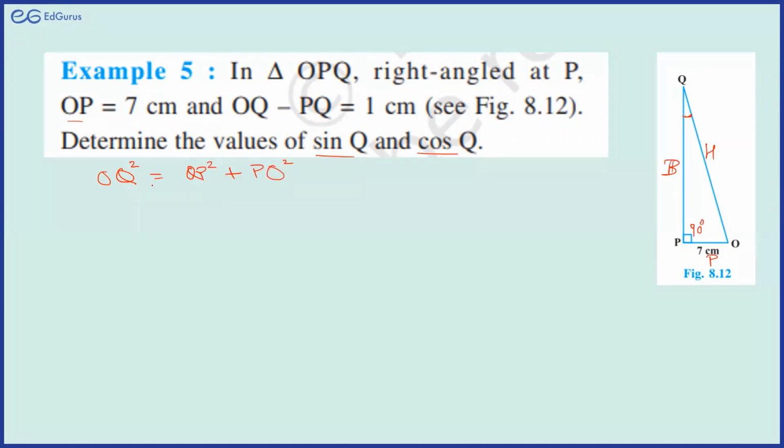Hypotenuse square is equal to base square plus perpendicular square. Now, OQ minus PQ is equal to 1. This implies OQ is equal to?